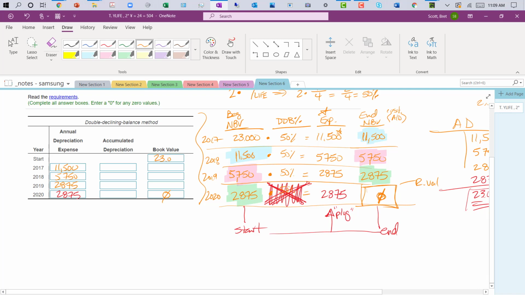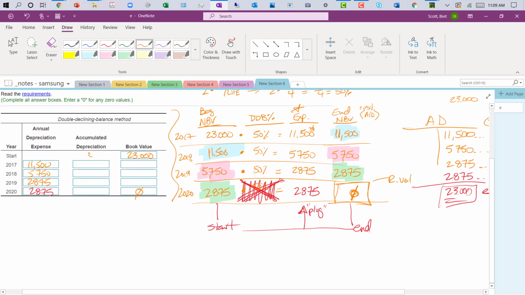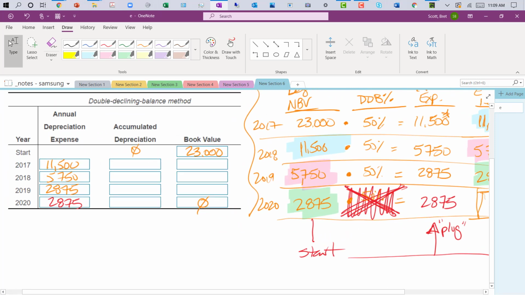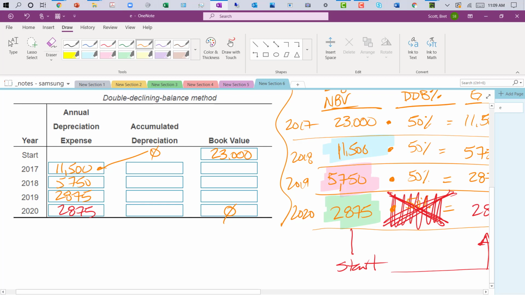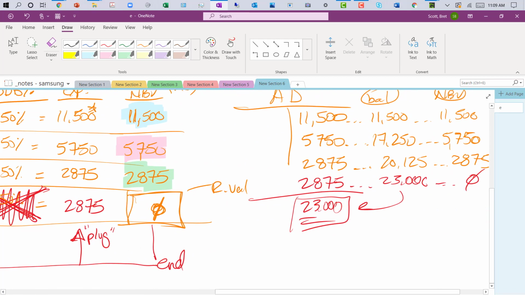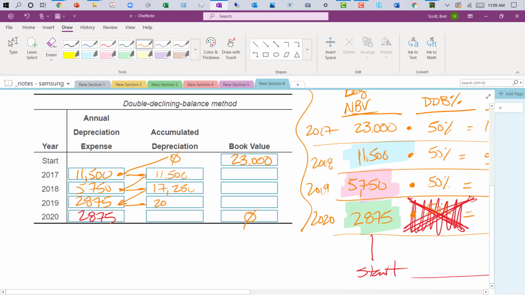We start off with 23,000, and we just go through the motions. 0, zoom in on this, 0 plus 11,500 is 11,500. Add another 5,750 gets me 17,250. Add this 2,875, is it 21,125? Yep.